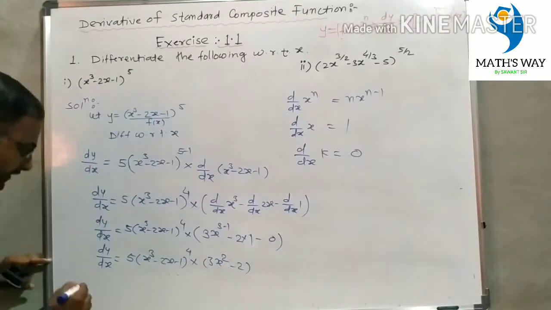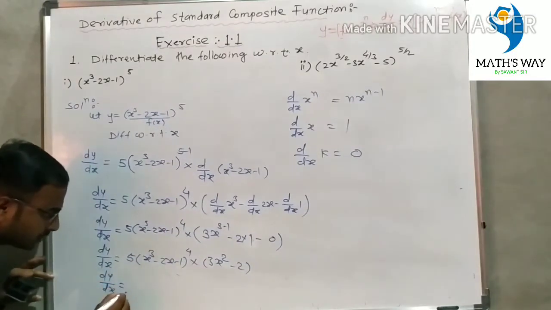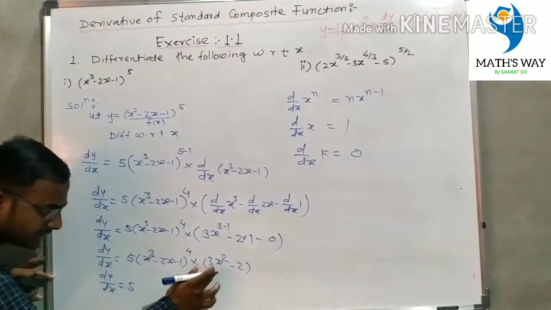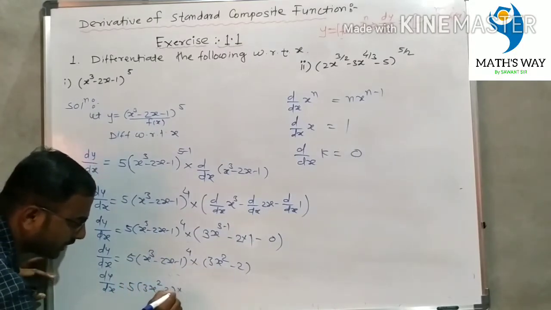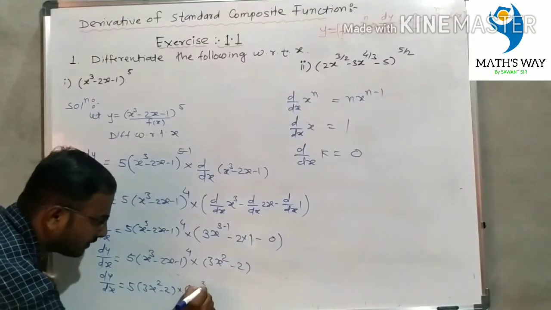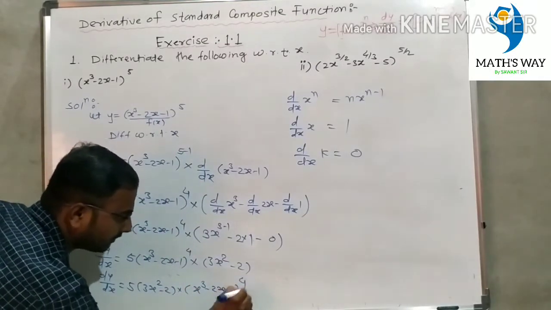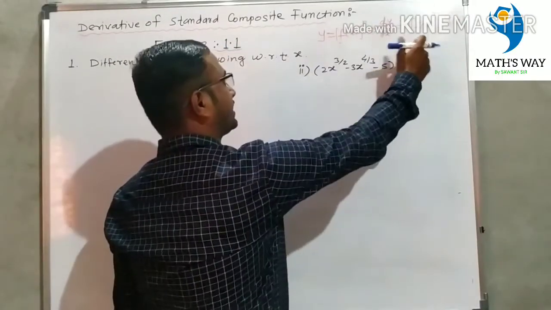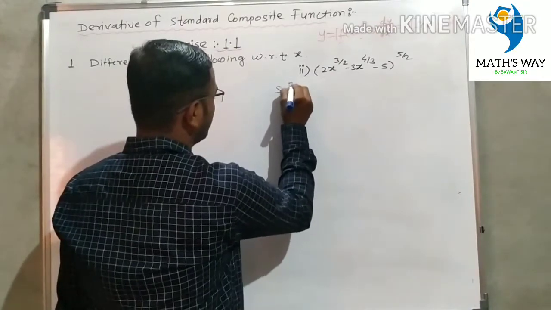Okay, so the final answer is dy by dx equals 5 into (3x square minus 2) into (x cube minus 2x minus 1) to the power 4. Next solution.